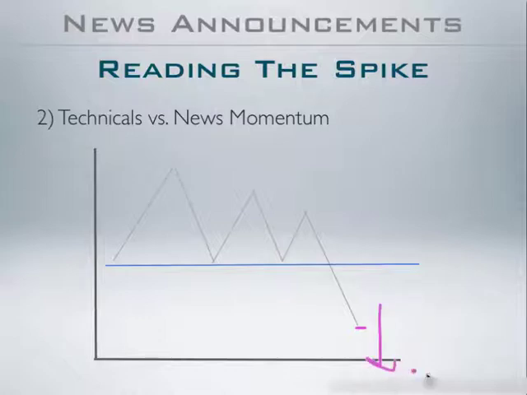Well, if price spikes to the downside, there is nothing to analyze here. Price keeps on further pressing in the direction of the breakout. I'd like to focus on the other possible outcome: price spiking against the technicals.